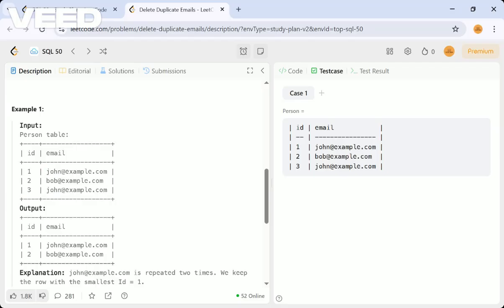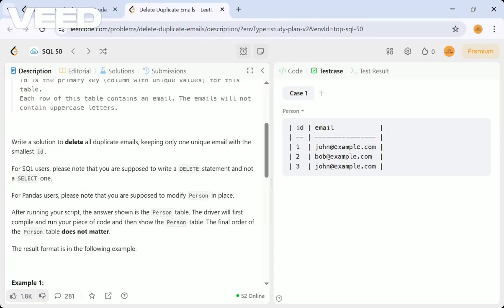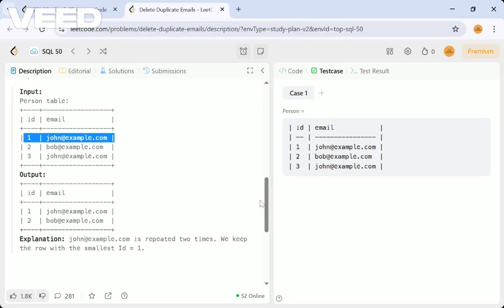So in these two we have to delete one, keeping only one unique email with the smallest id. Everything else we have to remove, even if there are more duplicates. Only the row with the smallest id, which is the first one, we should not remove.